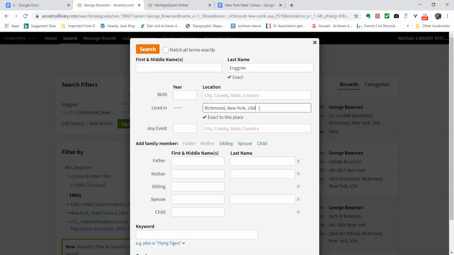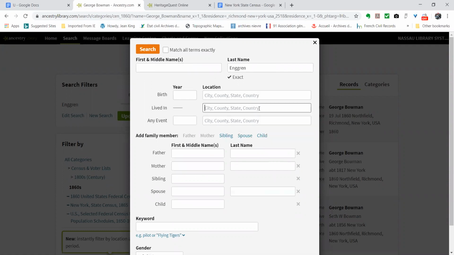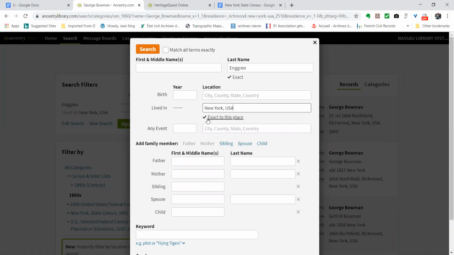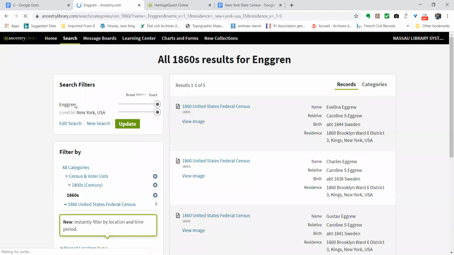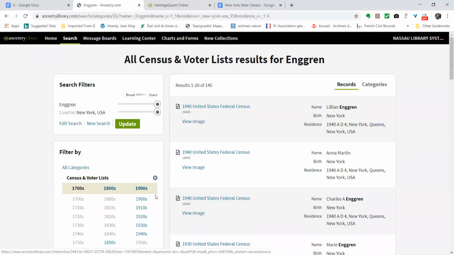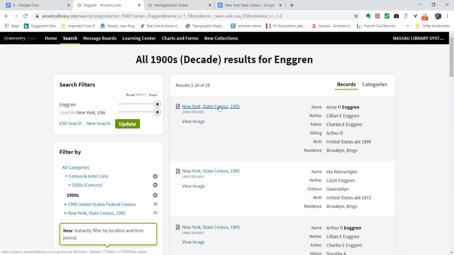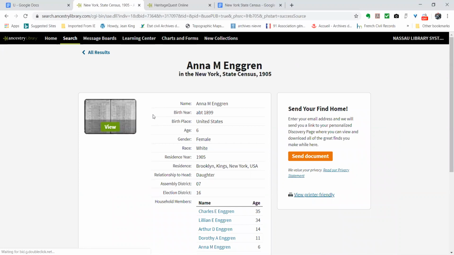And I'll show you some of the newer New York census records. Okay, so, oh shoot. All right, so here's a 1905 census record.